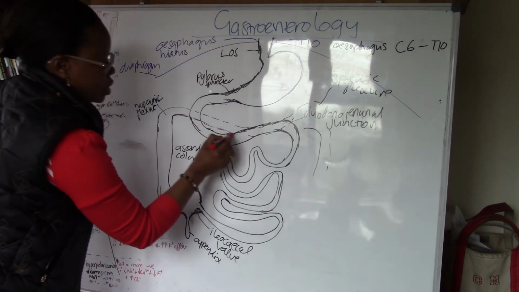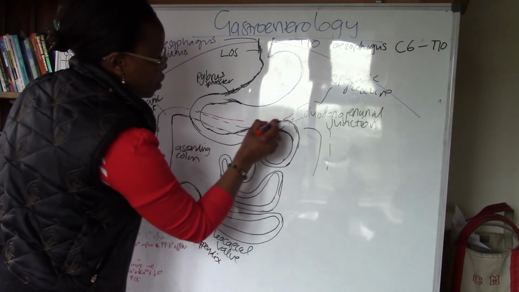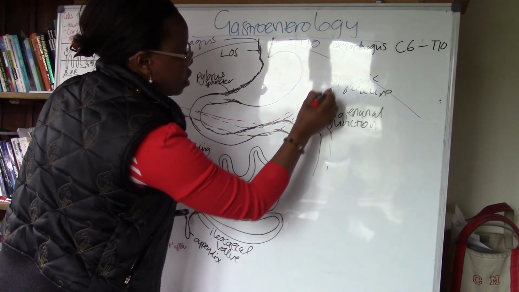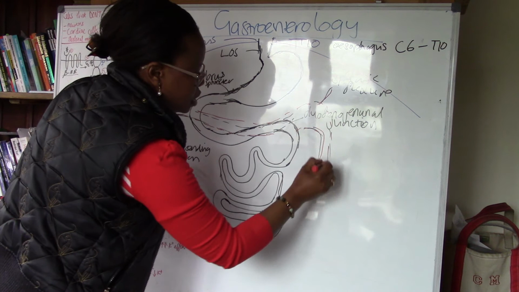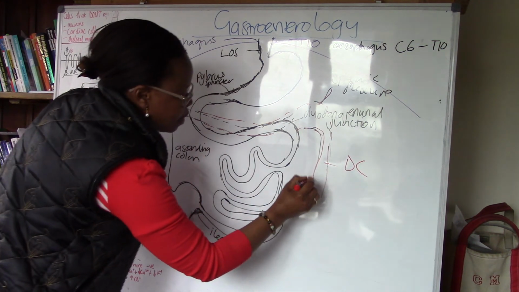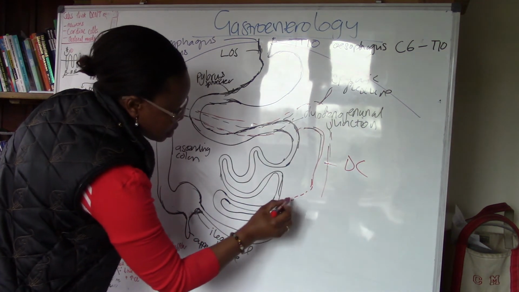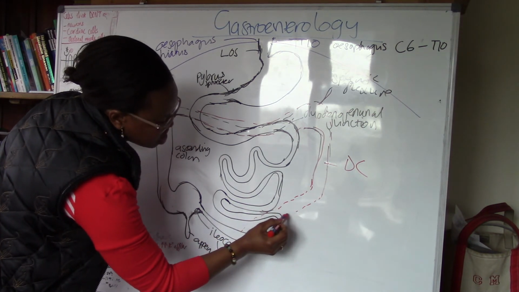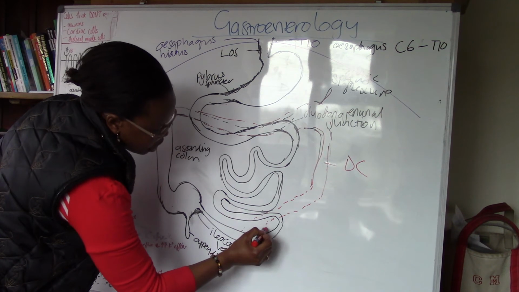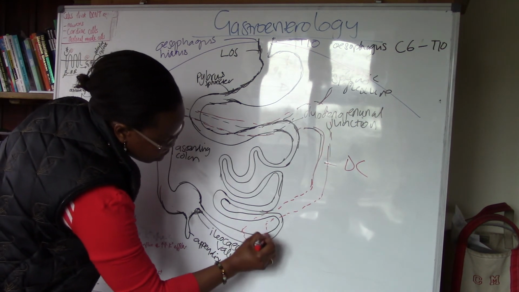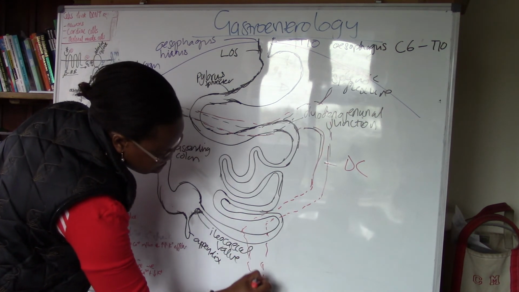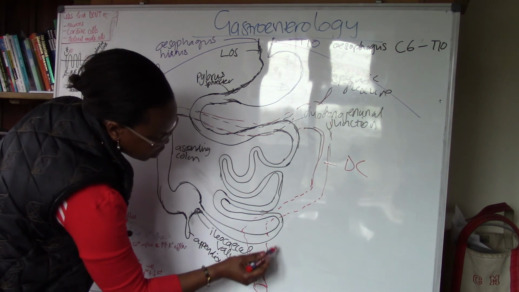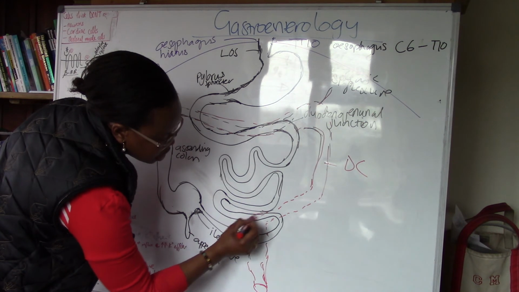So this would be our transverse colon there, making a sharp turn at the splenic flexure, and then becoming the descending colon. The descending colon then becomes the sigmoid colon, which runs more centrally, and then the rectum and anal canal.